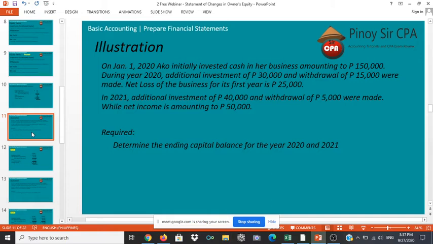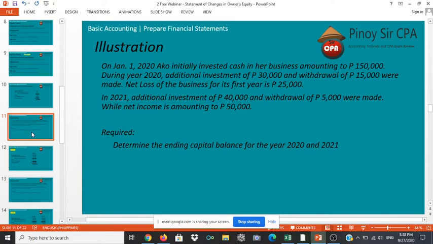Then, in 2021, additional investment of 40,000 and withdrawal of 5,000 were made, while net income is amounting to 50,000. So this time nagkaroon na ng income in 2021. What is the requirement? Determine the ending capital for the year 2020 and for the year 2021.